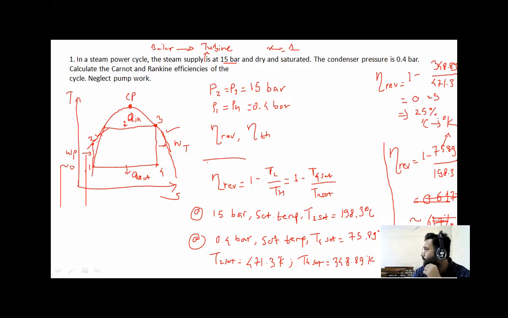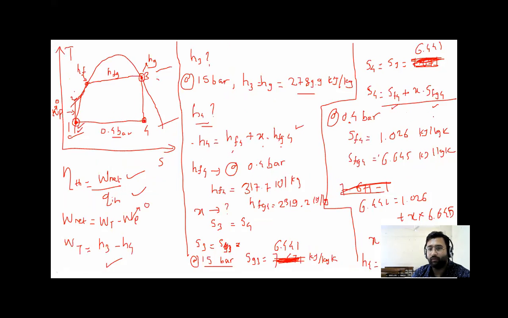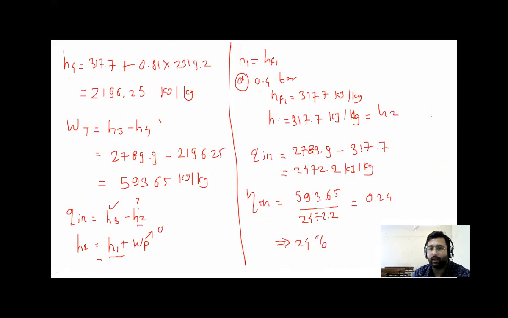Now you can check the efficiency. If we employ the Carnot cycle, you will get 25% efficiency. In the same case, if you employ the Rankine cycle, you will get an efficiency of 24%. So we can say this cycle is somewhat ideal because it is just 1% less than the Carnot cycle.